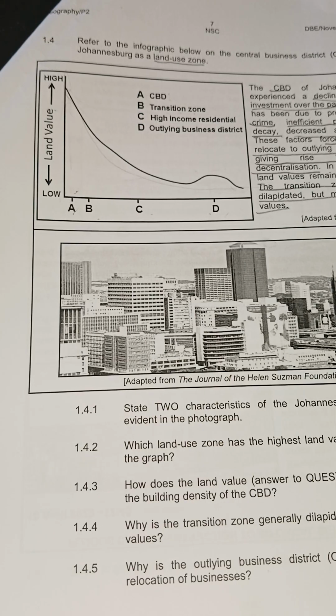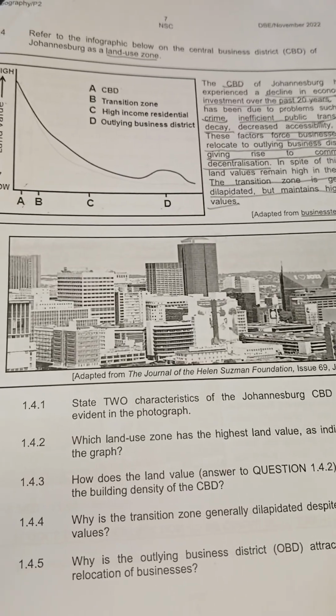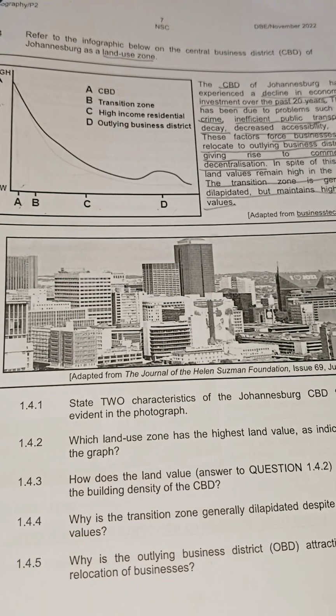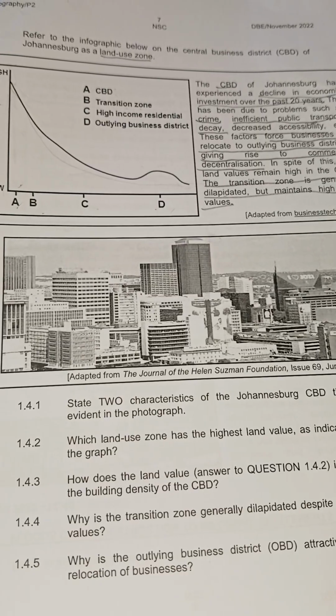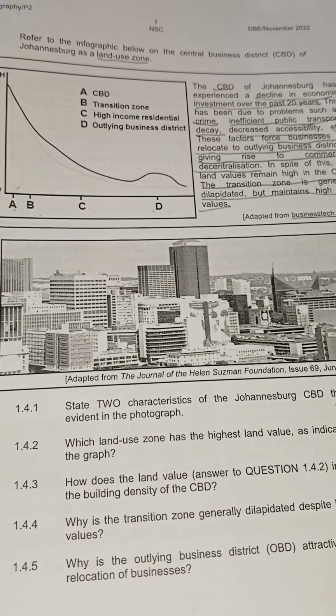Some of the problems that you actually encounter within the CBD, like what I've been reading now from the extract, we are talking about transport problems like congestion, limited parking space, and business decentralization, which means most of the businesses are moving away from the CBD. It is because of the challenges that are being faced. There's noise pollution, safety issues, the crime is on the increase.